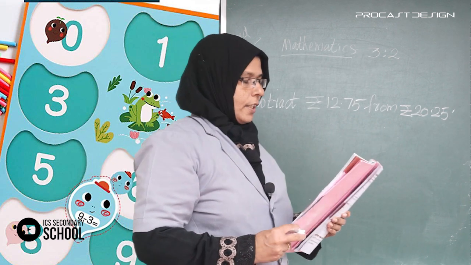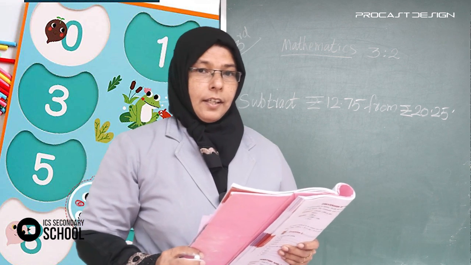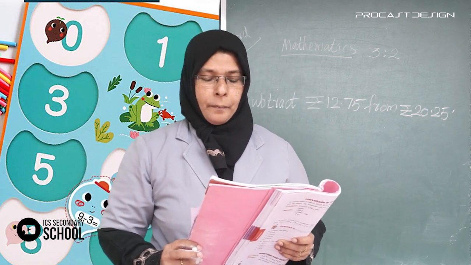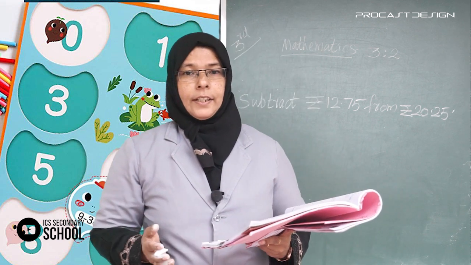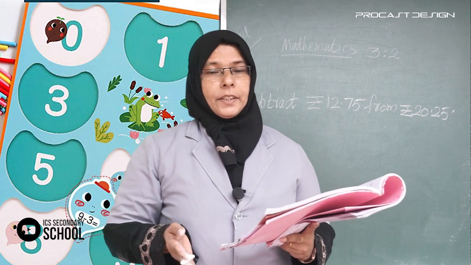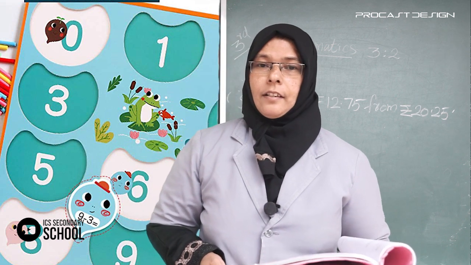Write the amount in the rupees and paise columns. Place the dot between the columns. You already studied the properties of subtraction.